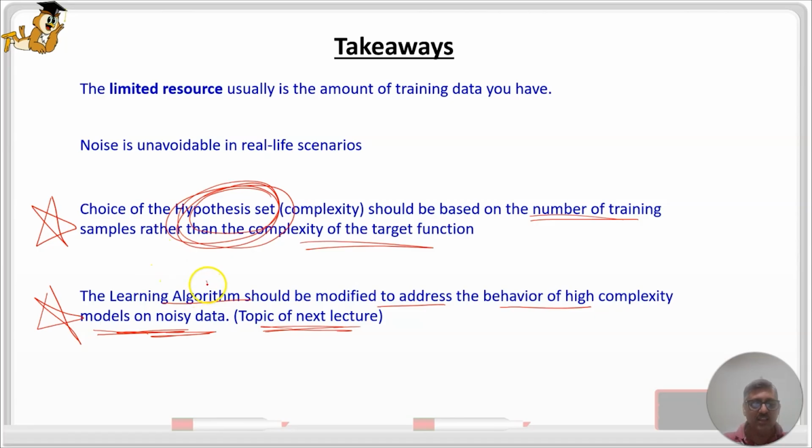Now what we are saying is that the learning algorithm should not blindly try to look at the training data, but it should try to address this behavior of high complexity models that we have seen. So we will talk about regularization, like I said, but now we are talking about the interplay between the blocks. Now we are going to start choosing these blocks so that they work as a team to deliver the best performance of Eout. Okay, so important takeaways.